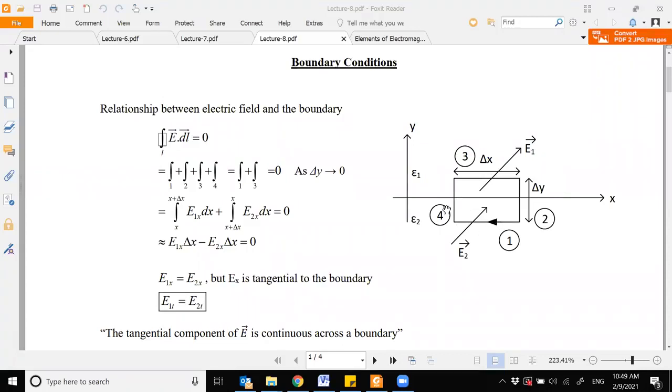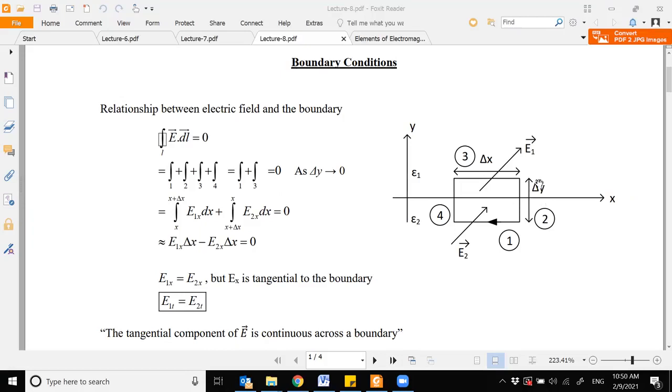So now tell me, from these 4 lines, how many line integrals will become 0? 2 and 4. This is under the condition that I am making my delta y, this height, go to 0. I'm making it small, small, small, and almost negligible, so that lines 3 and 1 will be almost touching the boundary.